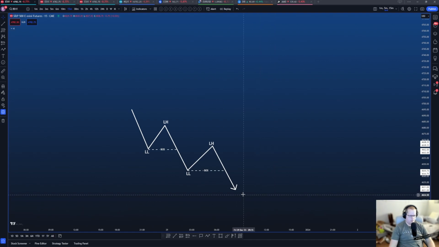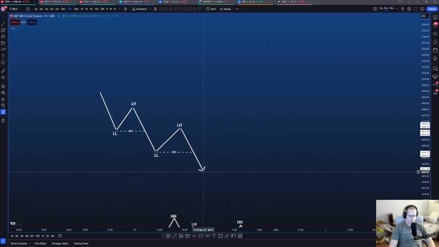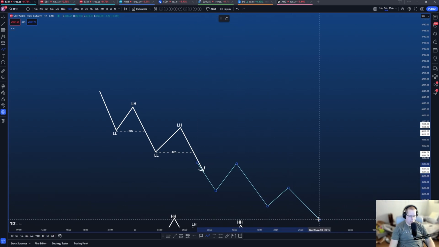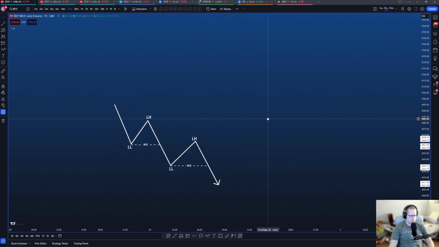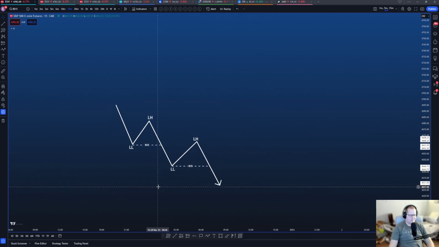This could go on forever. Every time it breaks this lower low, it is going to be a break of structure. Very simple. A break of structure happens inside of the current market structure. It doesn't matter if it's bullish or bearish.